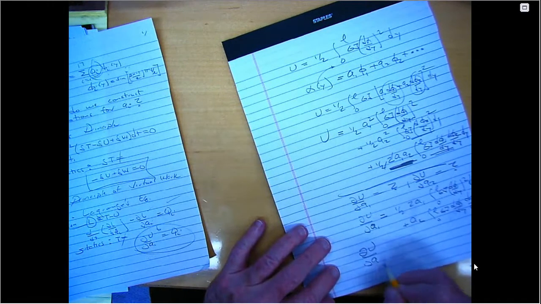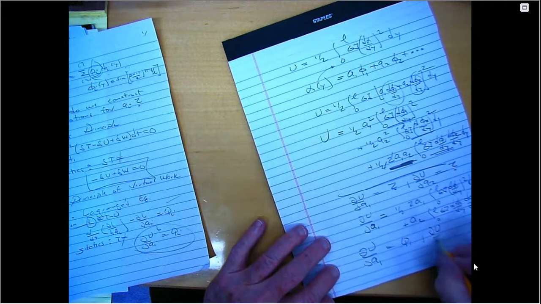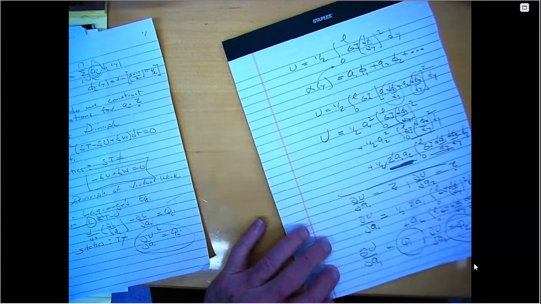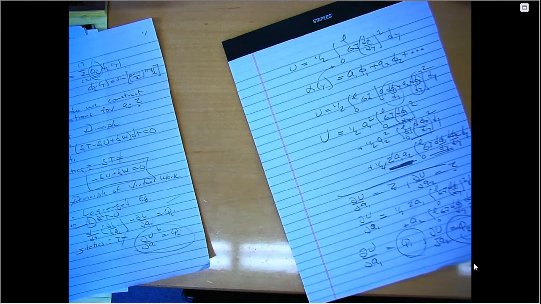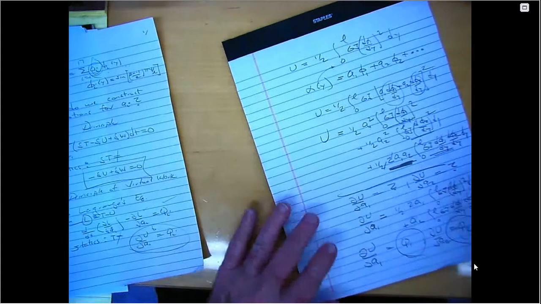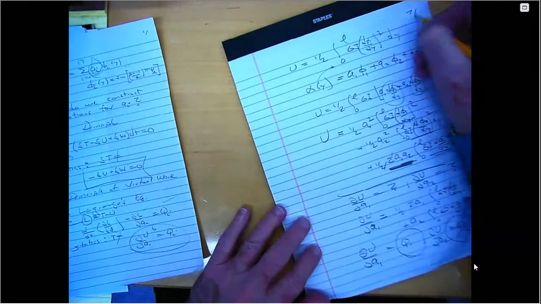Partial U with respect to A1 equals Q1, and partial U with respect to A2 equals Q2. So I need to compute Q1 and Q2, which is usually the harder part for most people. Not impossible, it's just harder for most people. That's why aerodynamicists get paid more than structural engineers. Are you ready to move on with that?